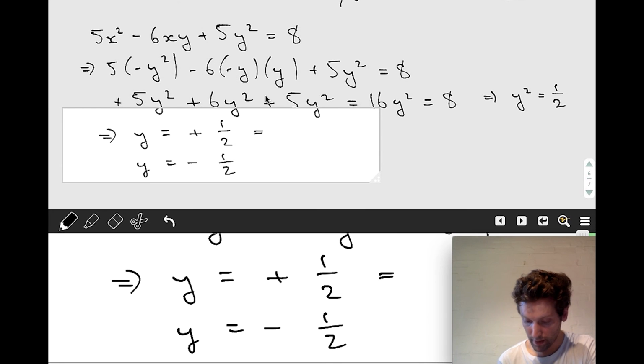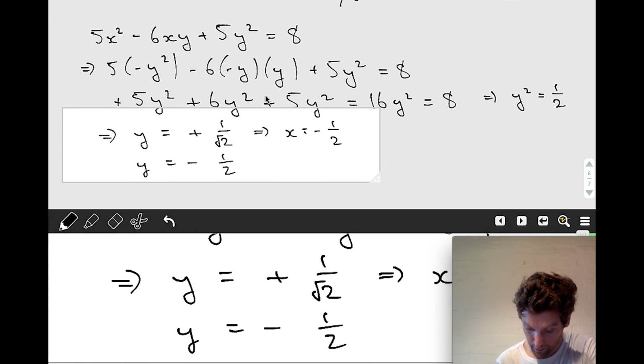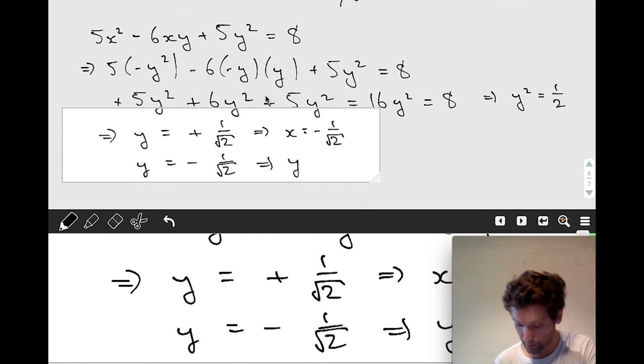And we remember that x was equal to minus y, so that means that x is equal to minus 1 over the square root of 2 when y is plus 1 over the square root of 2, or x is equal to plus 1 over the square root of 2 when y is minus 1 over the square root of 2.